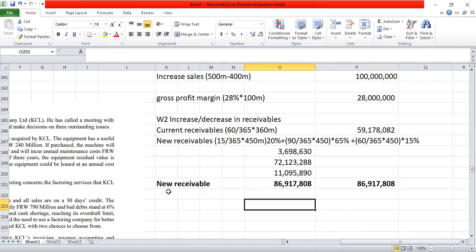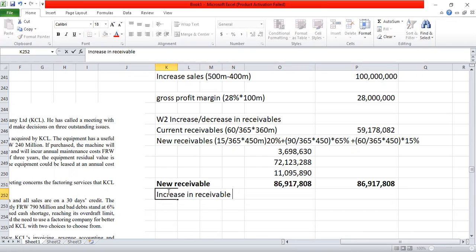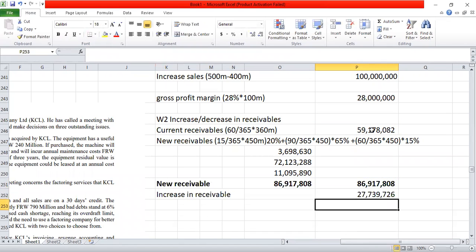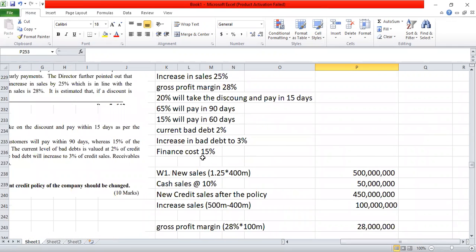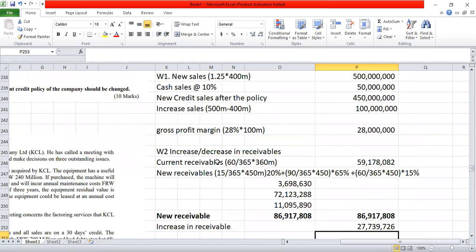So we are having an increase in receivable, which is this minus this. That is the increase in the receivable. And in the question they told us the receivable is financed by a finance cost of 15%.